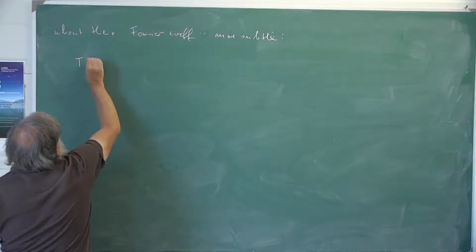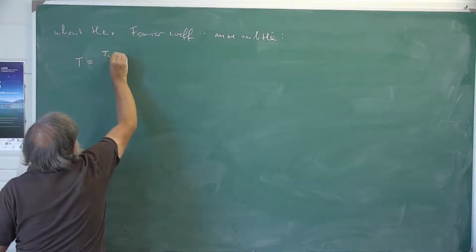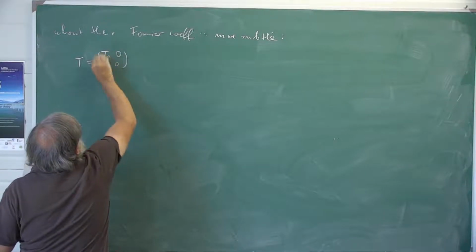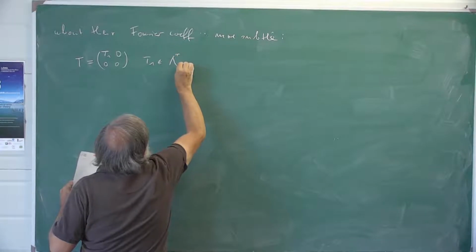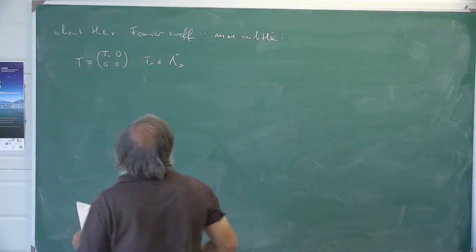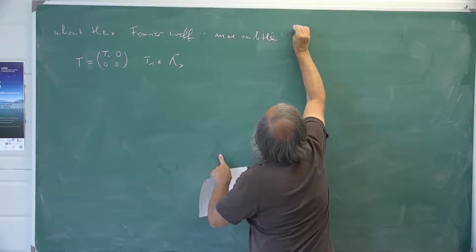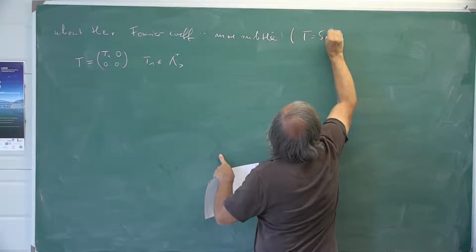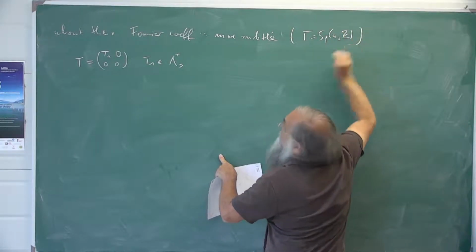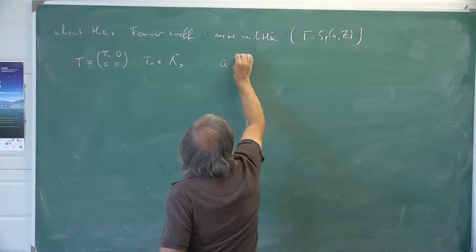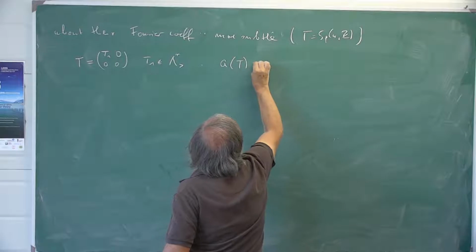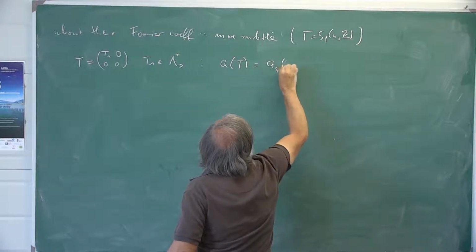So first, if T is equal to (T1, 0, 0, 0), and T1 is in Lambda_r positive, say now Gamma is Sp_n(Z), then A(T) is just a_F(T1).